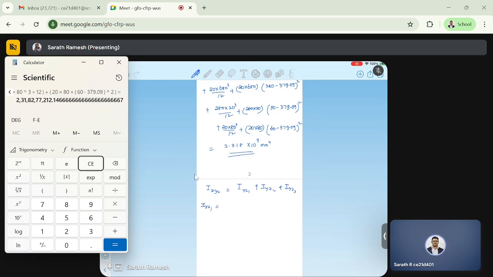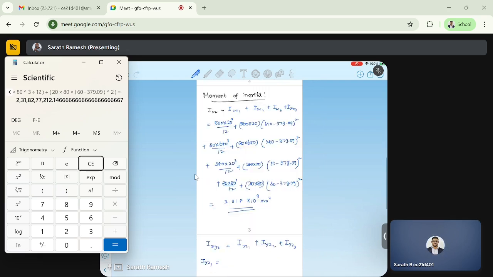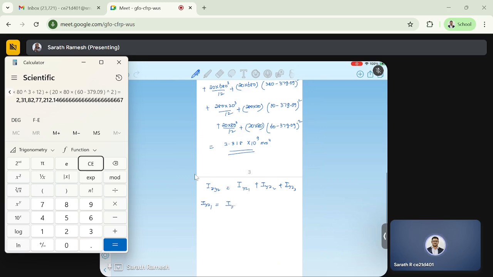IYZ1 is equal to IYZ about the CG plus area times y minus y naught times z minus z naught. The product moment of inertia about the centroidal axis for a symmetric section is going to be 0. So what will remain? Only A times y minus y naught times z minus z naught.